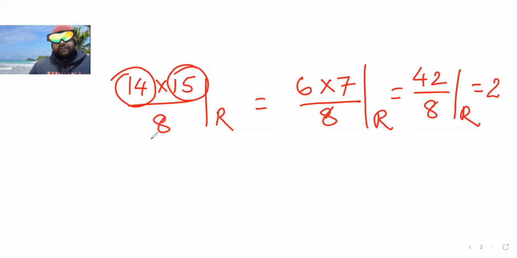Now, if we were to use negative remainders, then the remainder for 14 would have been -2 and the remainder for 15 would have been -1.